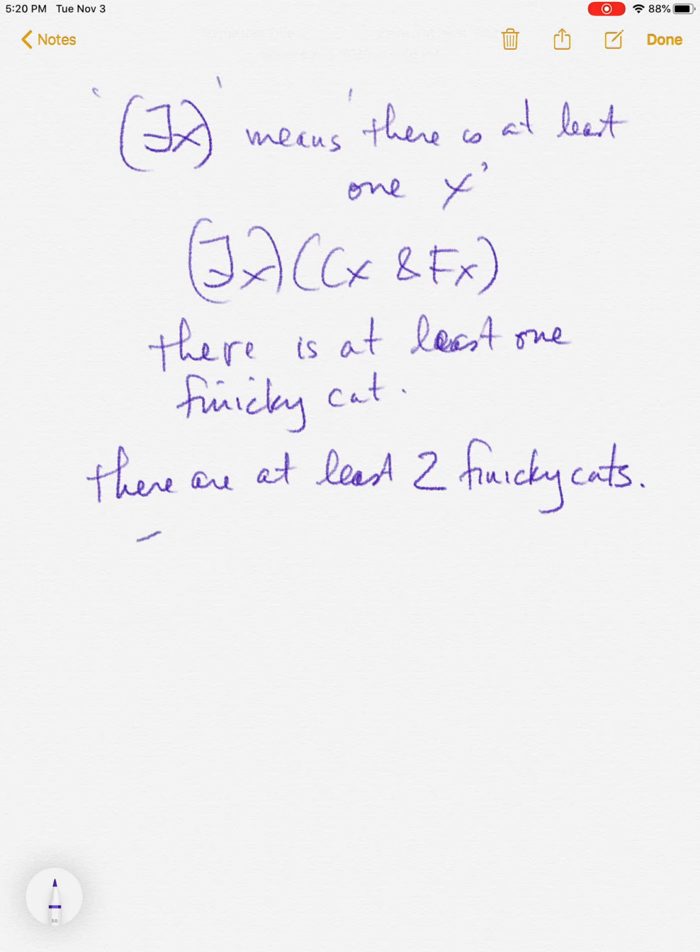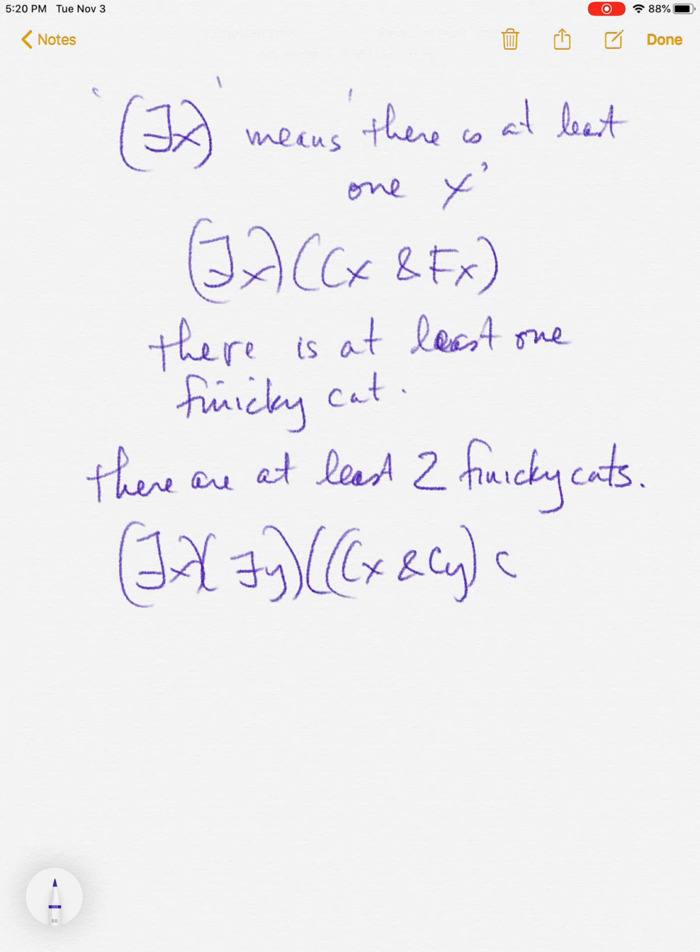Because if we just did this, there exists an x, there exists a y, x is a cat, and y is a cat, and x is finicky, and y is finicky, this doesn't rule out the possibility of x and y talking about the same thing, so to speak. So in order to ensure that we are saying there are at least two, we need to use identity.